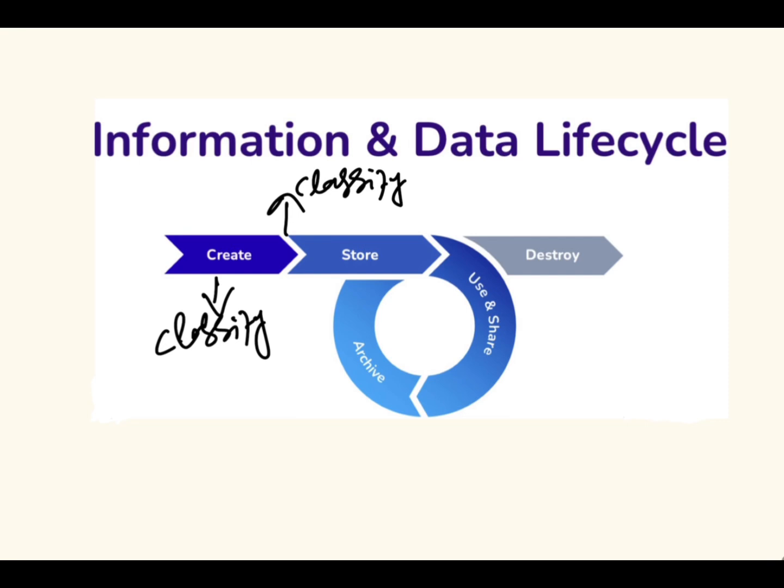The second phase is store, which means data is saved on physical or cloud storage. What needs to be done while storing data? Encryption is one thing, then access control lists and backup strategies. When you are storing data, you need to make sure that data is encrypted and confidential.